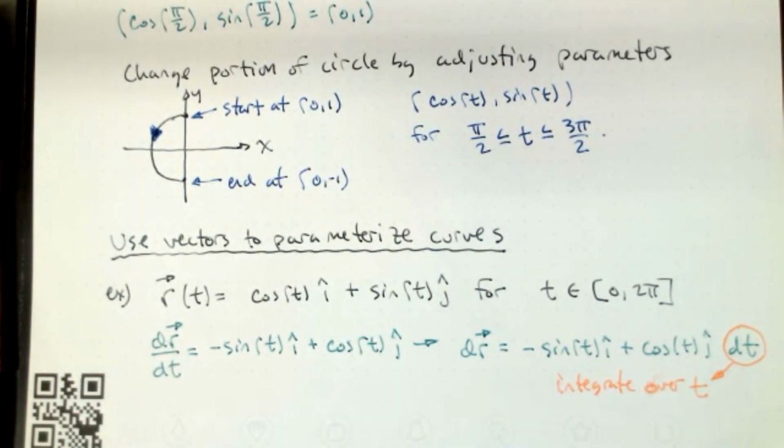So now the line integral is going to become an integral dt. It's going to be a simple integral, so we just have to integrate from the starting value of t to the ending value of t.